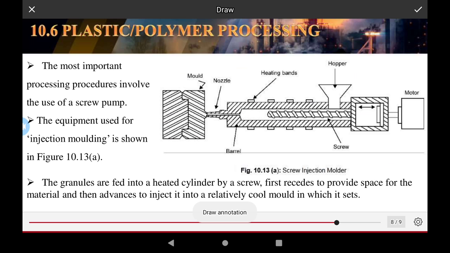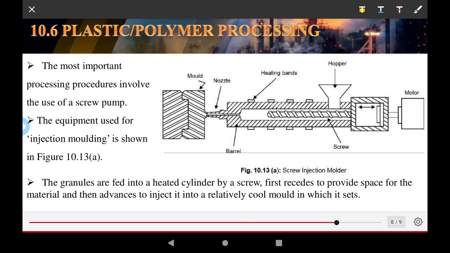The nozzle works from the reservoir of the liquid material, the organic polymer plastic, in this procedure.